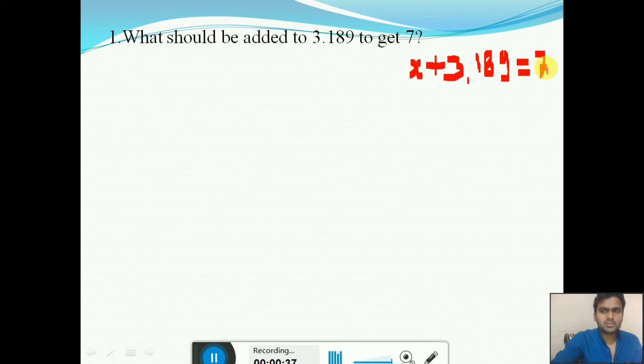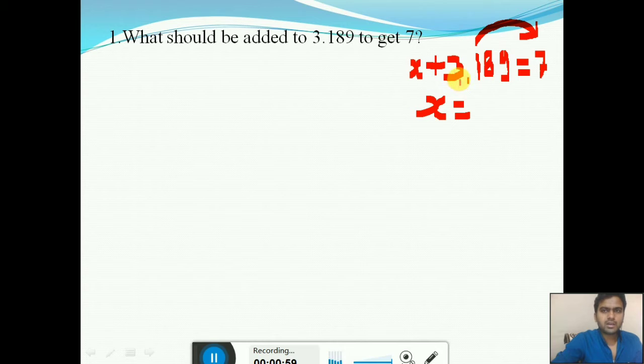So this is the equation form: x plus 3.189 equals 7. We want the value of x, so we will keep x this side and we will transfer this 3.189 to the right hand side.